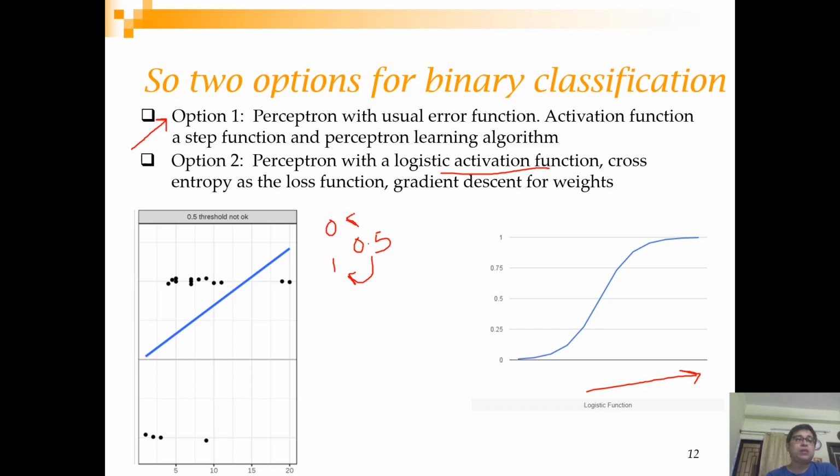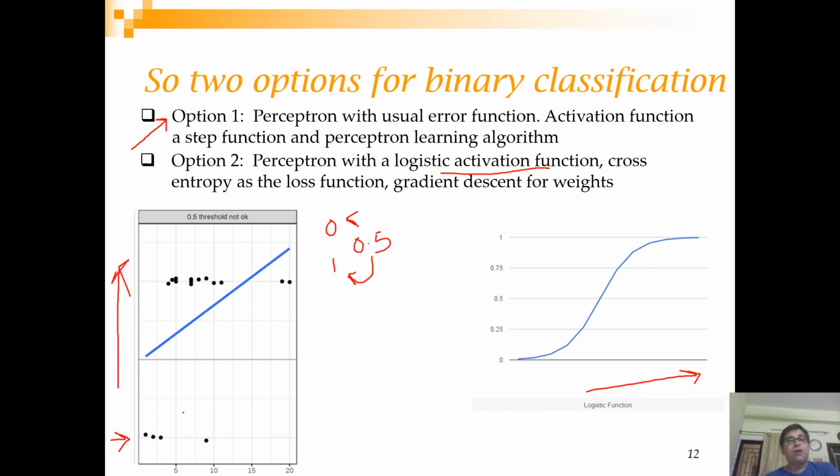Essentially what you are trying to do is fit a line like this. And you can see that in this particular case, this straight line does a very poor job. This is a tumor example, so there are two classes. This is your normal tumors, and this is your cancerous tumors, and this axis is your tumor size.